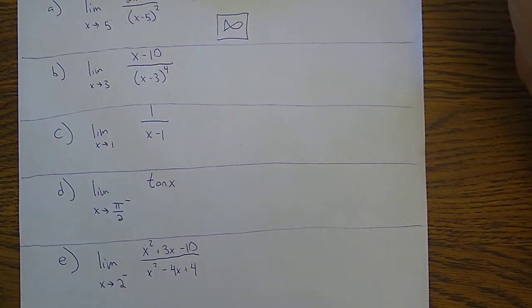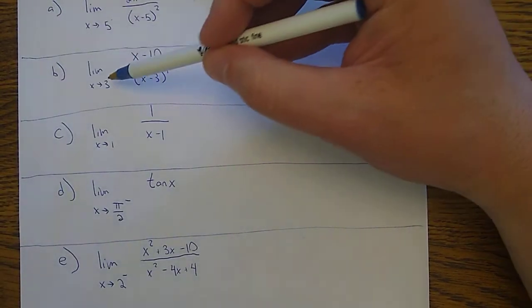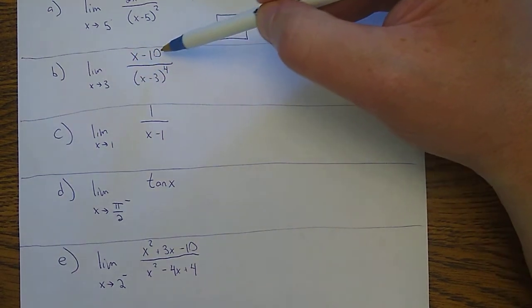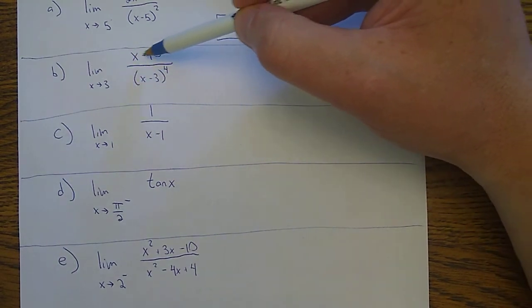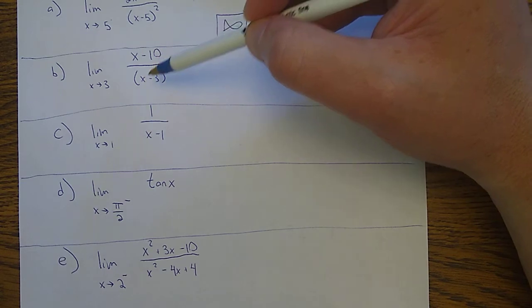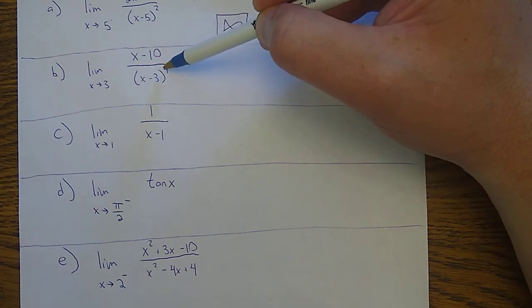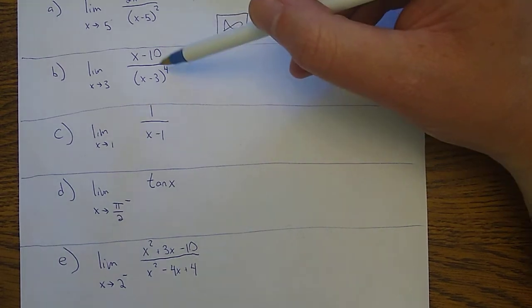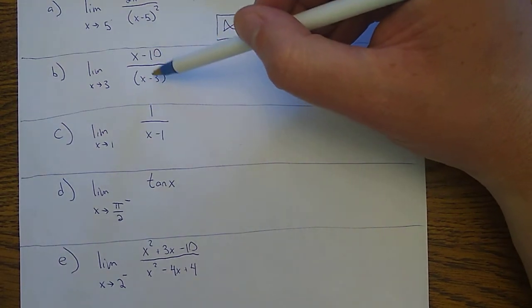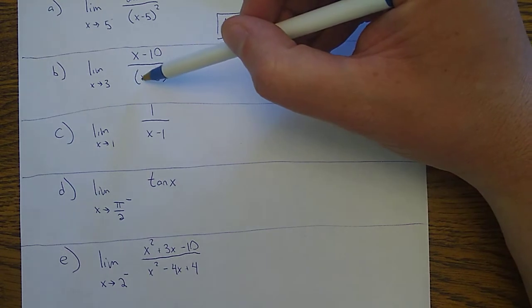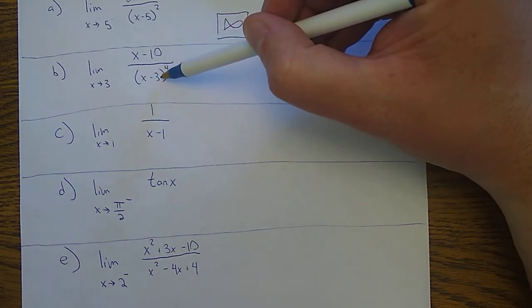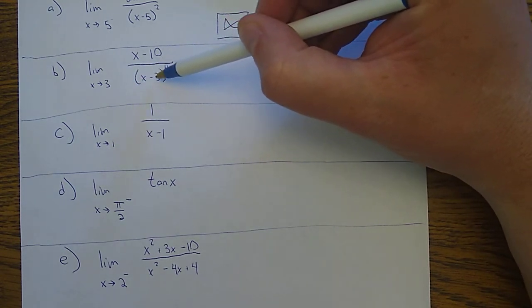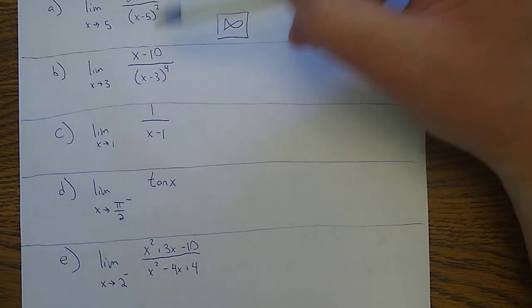So let's talk about part B. In this case, if I try to plug in 3, the top is -7. And again, the bottom is 0. I made this the 4th power, but it doesn't matter too much. The point is that it's an even power, so if I'm plugging in 3 or a number that's close to 3, I'm getting a number that's close to 0, but it's always positive because it's to an even power.